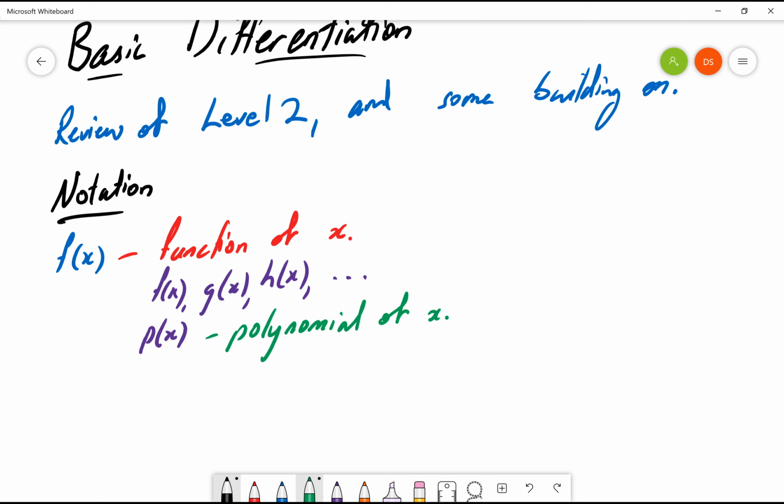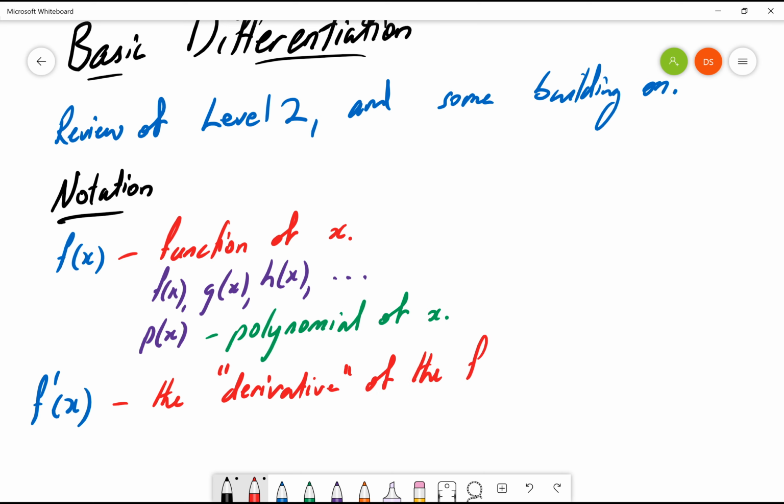Okay? So, that's function. Then we have this notation. f dash of x, f dashed of x or f prime of x is the derivative of the function of x.